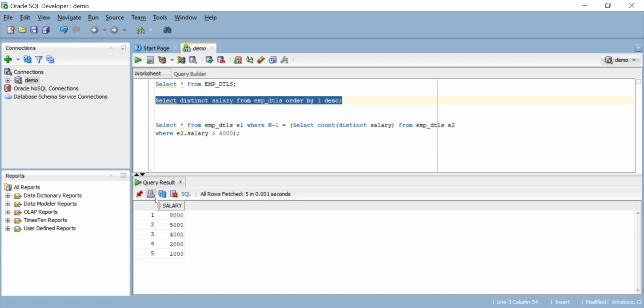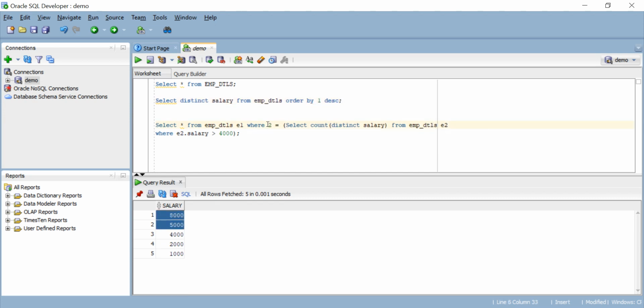So if we want to find out the third highest salary, that is 4,000, then we need 3 minus 1, that is 2 salaries above it. That 2 we are placing over here. And then we do a select count of distinct salaries. Here we place E1 salary.